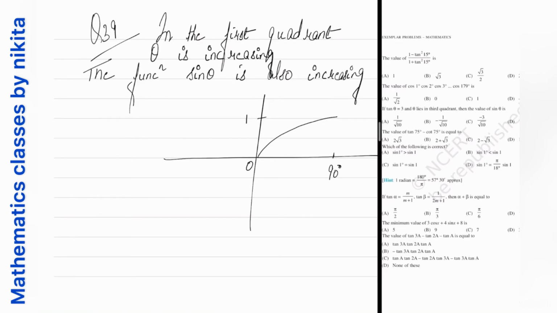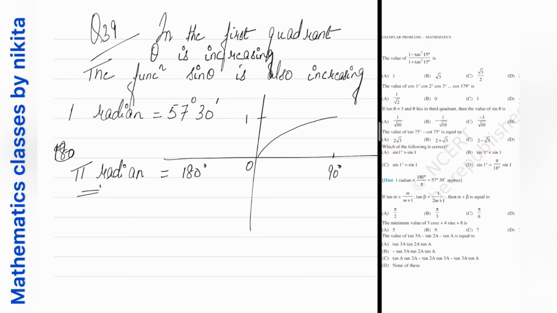Now one hint is given here that 1 radian is equal to 57 degrees 30 minutes. How? Because I know that pi radian is equal to 180 degrees.